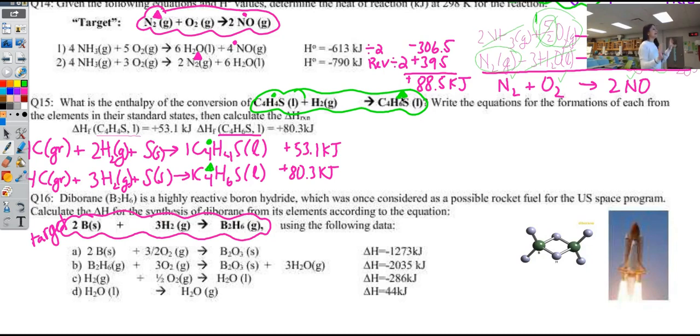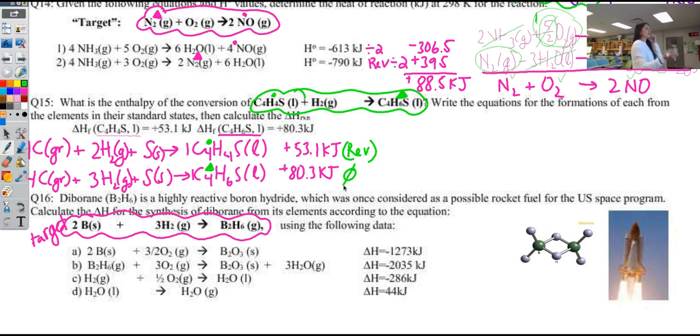All right, so now let me go ahead and write out what my values would be and how they would change. So C4H4S in this first situation, I can see it's on the wrong side, so I'm going to have to reverse this one. And the bottom one is correct. 1 mole, and it's on the product side, so I'm going to do nothing to that line.